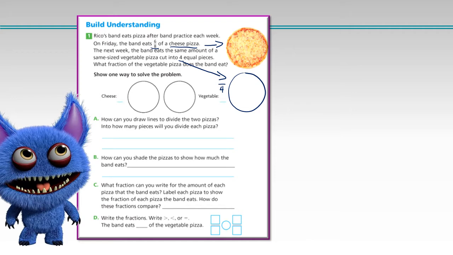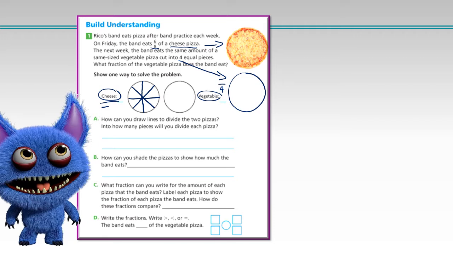Okay, so now let's go ahead and use the diagrams that the book gave us, and we're going to split these pizzas apart. And let's start with our cheese pizza that's already labeled. And we know that they ate 6/8. So before I can shade in 6 parts, I have to cut this pizza up into 8 equal parts. So I'm going to go ahead and cut the pizza as evenly as I can.